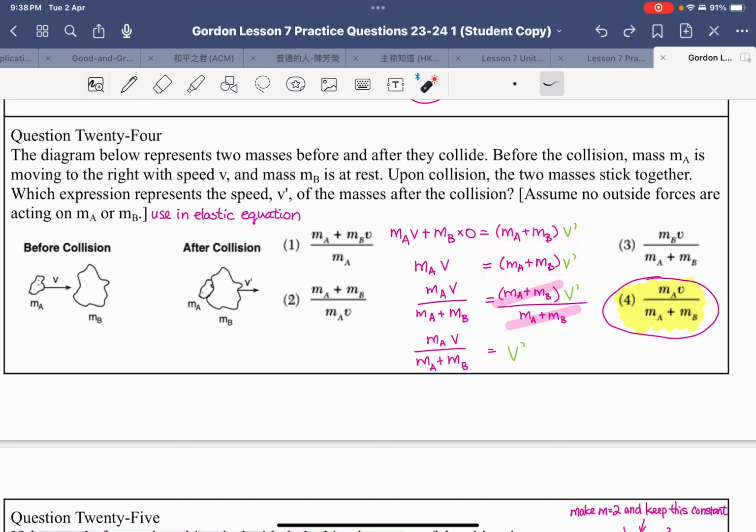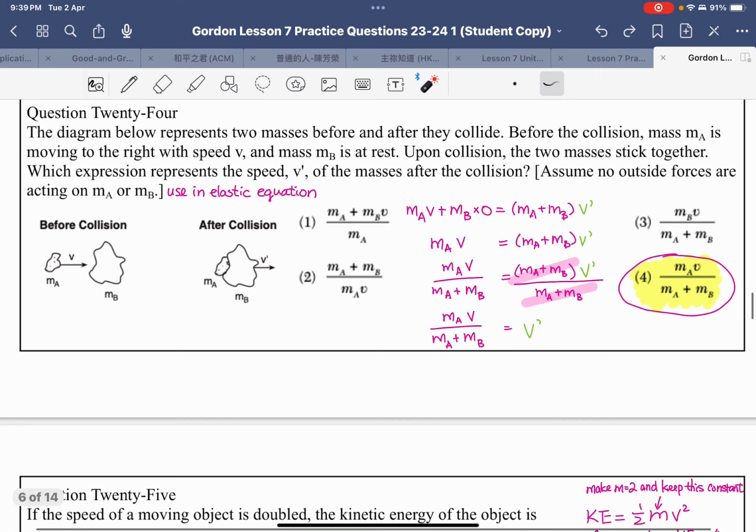And then after this, we want to isolate this and say, what does v after collision equal? So we have to find a way to transfer this onto the other side. And so you could divide by this. You can cancel these two out just like that. And then do the same thing on the left hand side. And this is your answer. There you go.